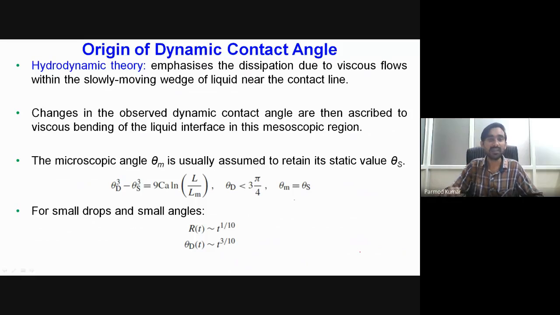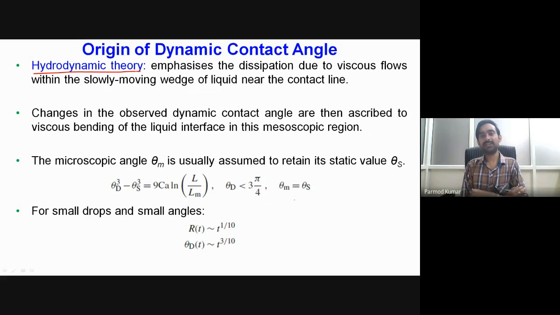Okay, to describe this phenomenon, we have two theories. One is called the hydrodynamic theory and the other is called the molecular kinetic theory. Let us first discuss the dynamic contact angle with the help of hydrodynamic theory.